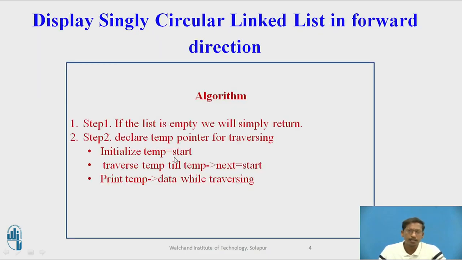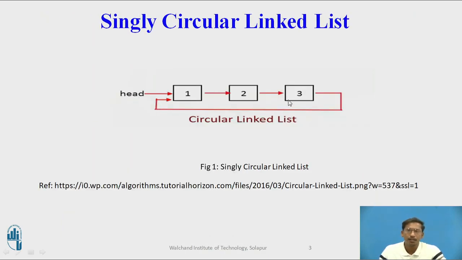Suppose we take this diagram. What you are doing is traversing temp in forward direction first. You are not printing while traversing. You go on calling or pointing to the next node one by one using recursive function calls. Once the temporary pointer points to the last node, you start printing from the last node.